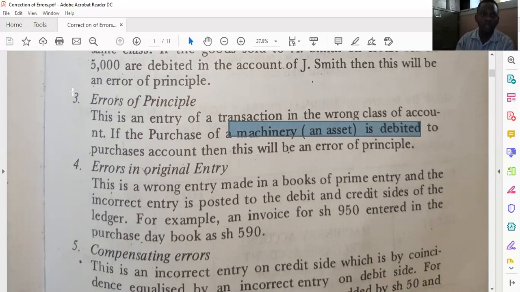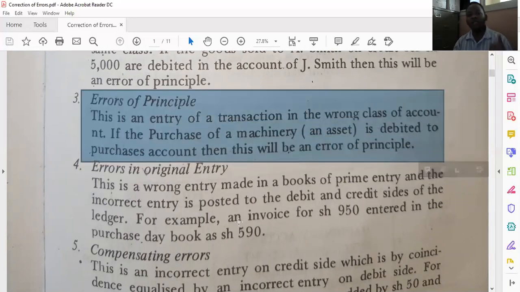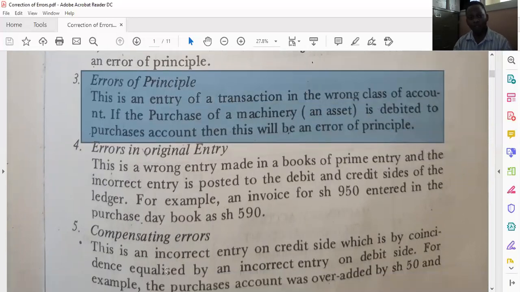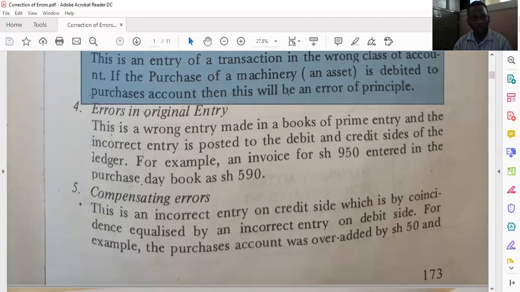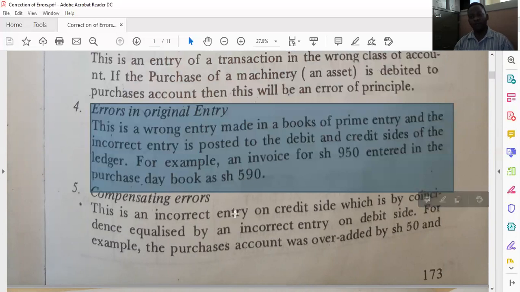So as such, we say that errors of principle are also types of errors that do not affect the trial balance. And then we have number 4, the errors of original entry. So an error of original entry is that which occurs at the initial stages of recording in the books of accounts. So like they say in IT, garbage in, garbage out.